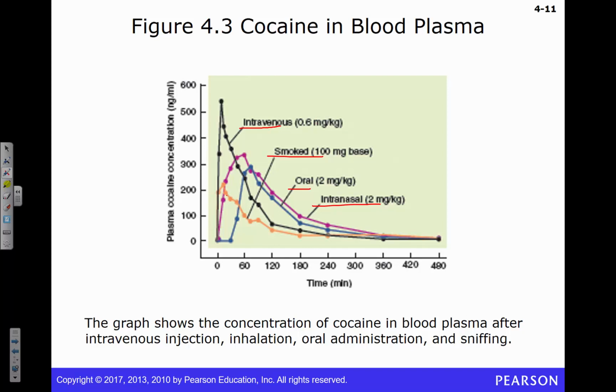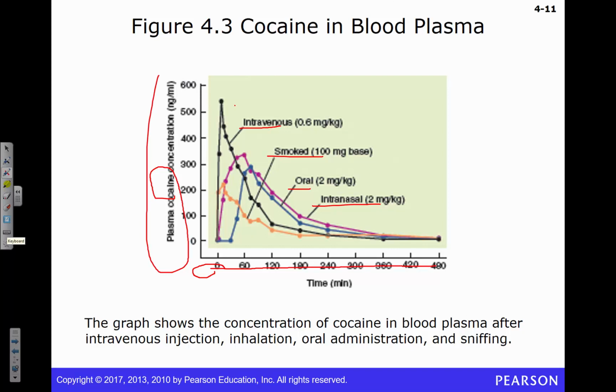These are all adjusted so that they're comparable doses depending on the route of administration. But you will see the concentration of cocaine in your blood plasma. This is time 0, the time of administration, and how long that takes, how long that lasts. This is over several hours.